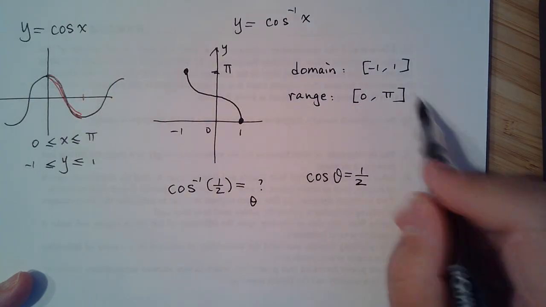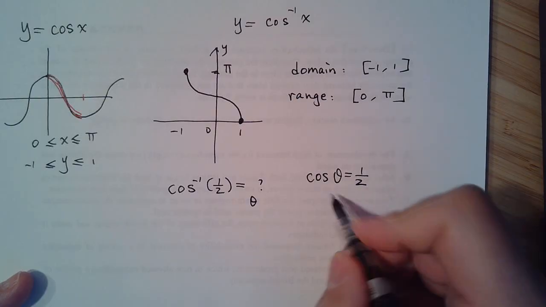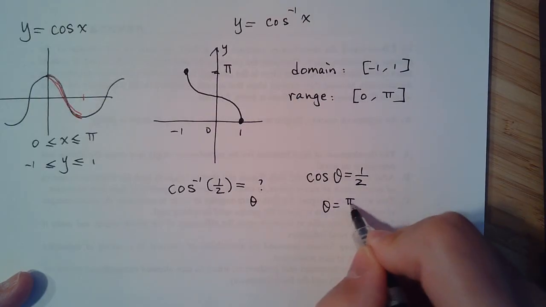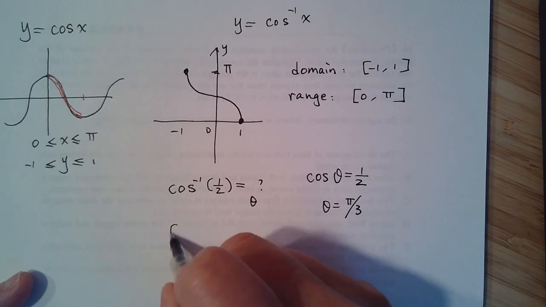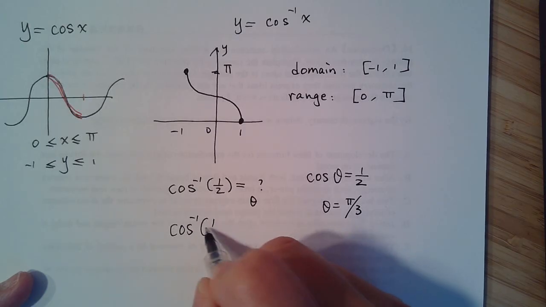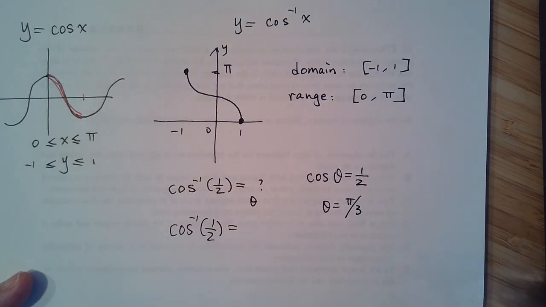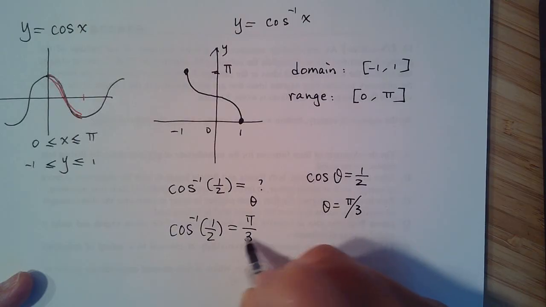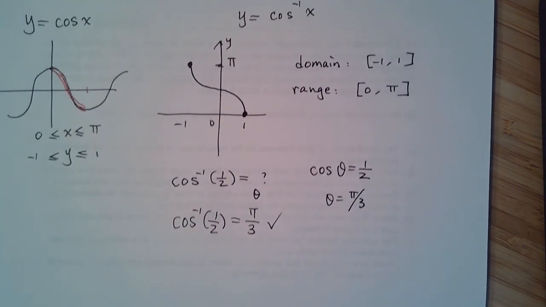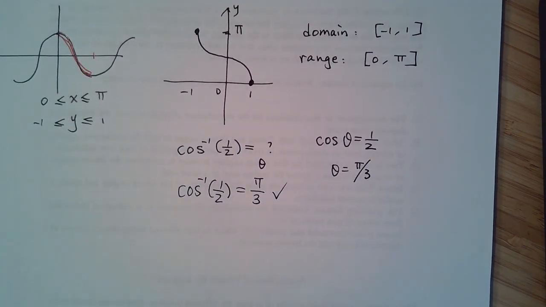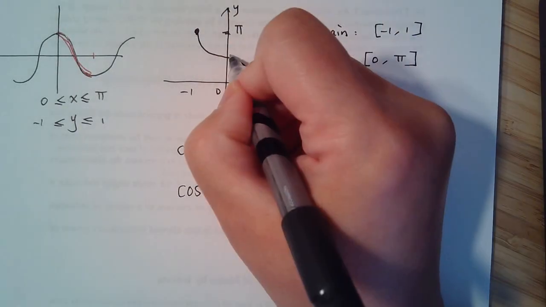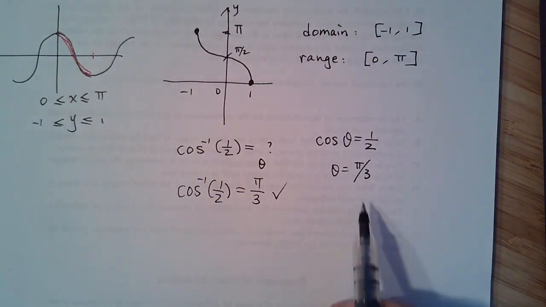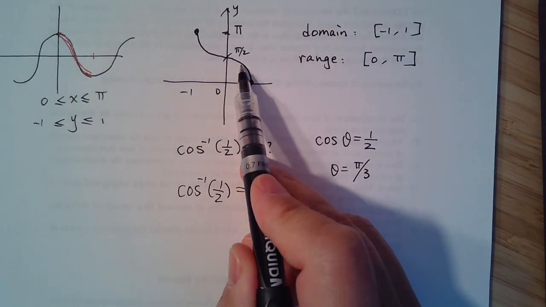There's an angle whose cosine value is 1/2, so that theta is pi over 3. So the answer is cosine inverse of 1/2 is pi over 3. Done. See, cosine inverse of 1/2 is here. That's pi, here is pi over 2, so this answer is pi over 3.